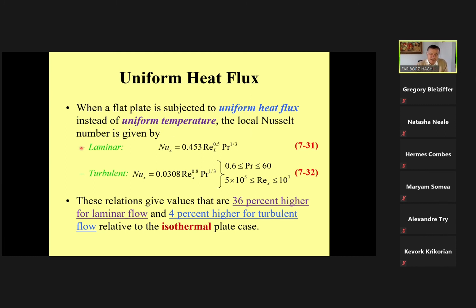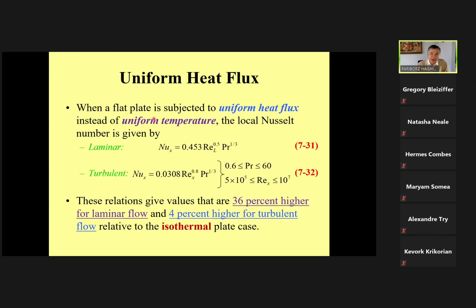The local heat transfer is given here for this case. When we have a uniform heat flux, this equation is for laminar and this equation is for turbulent, with the same conditions. This relation gives values that are 36% higher than isothermal for laminar flow and 40% higher in the case of turbulent.